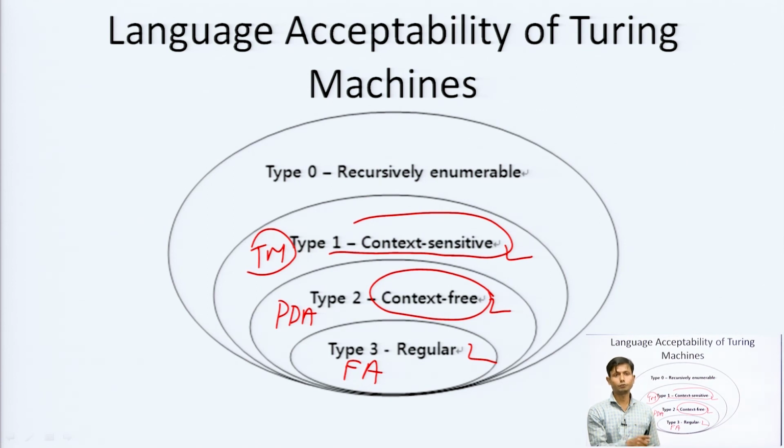We must go for the higher machine, that is the Turing machine. But if it is a regular language, we can design it in a finite automata, in a pushdown automata, and a Turing machine also. But if it is a context sensitive language, or more than that a recursive language, we do not have a pushdown automata or a finite automata.